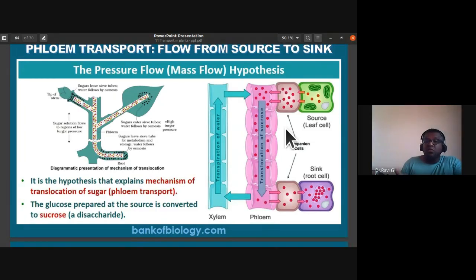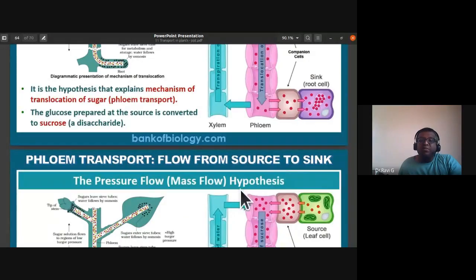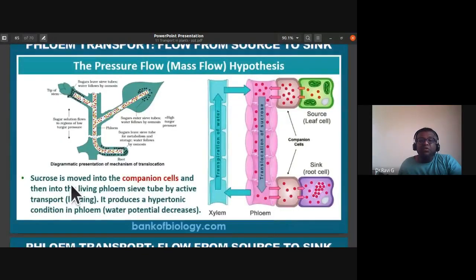So the glucose is converted to sucrose and loaded into the sieve tube. Sucrose is moved into the companion cells and then into the living phloem sieve tube by active transport. This loading is by expenditure of energy, so active transport means ATP is utilized.